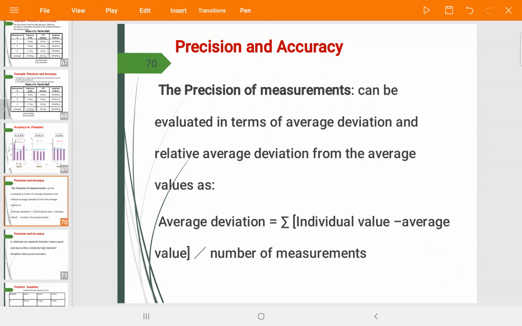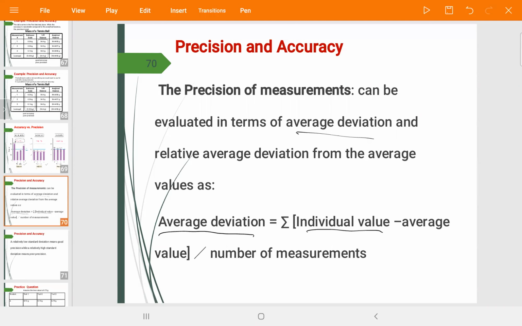So remember, the precision of measurements can be evaluated in terms of average deviation as well as relative average deviation. Average deviation indicates how the measured values are spread. To calculate this, you simply take the individual value minus the average value, over the number of measurements.